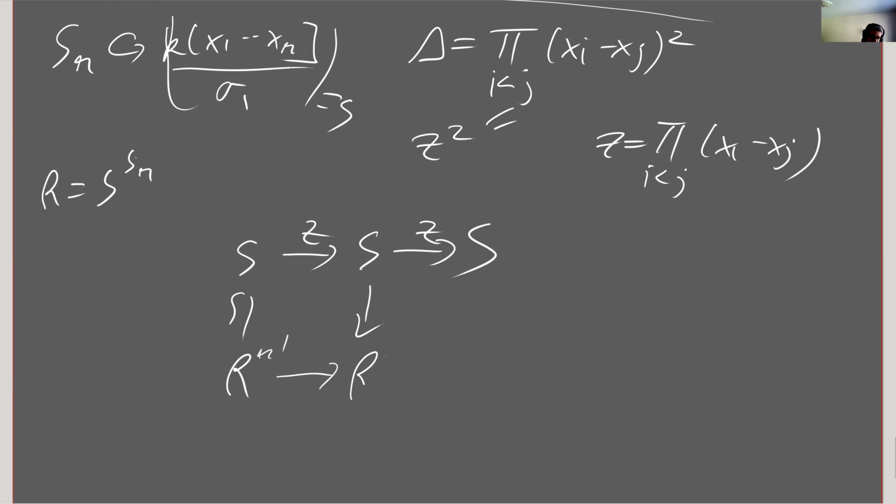So S is a free R module. R is a polynomial ring, and S is Cohen-Macaulay. It's a free R module, and its rank is the order of the group, which is n factorial here.